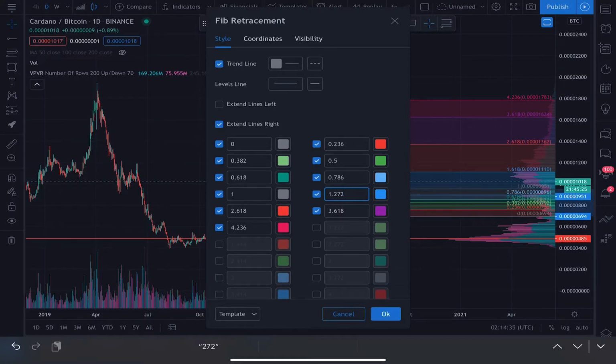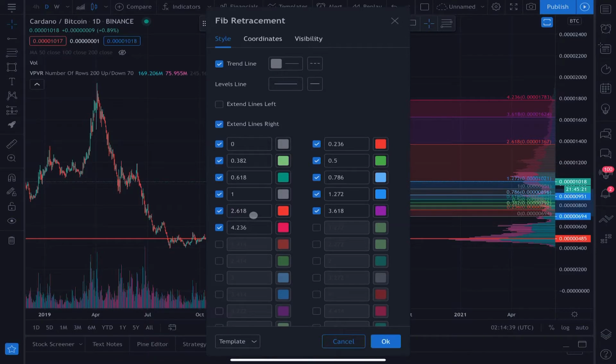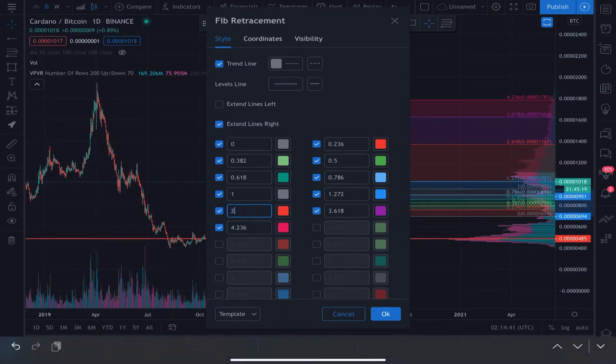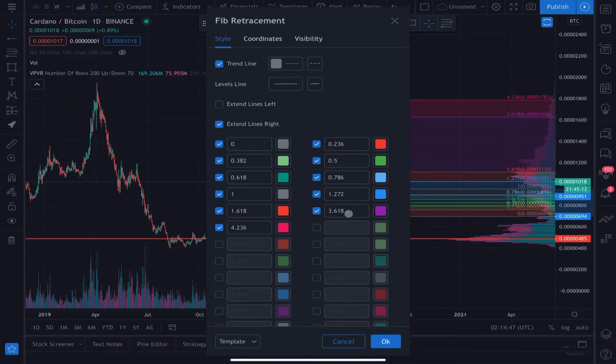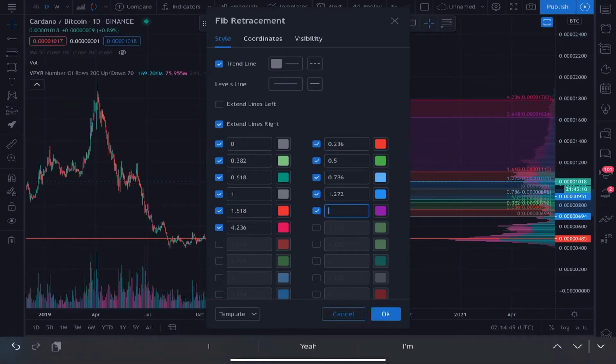So we've got the 1.272 here, then we're going to add the 1.618. Then we're going to add the 2. It's not a Fibonacci level, but it's a psychological level. When a price doubles in a ratio, we as humans think in those sorts of terms.